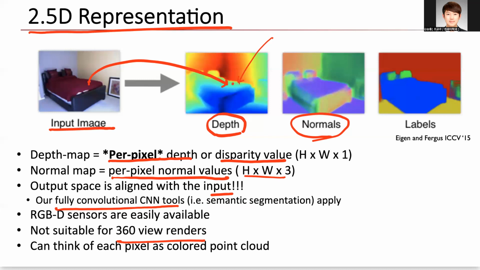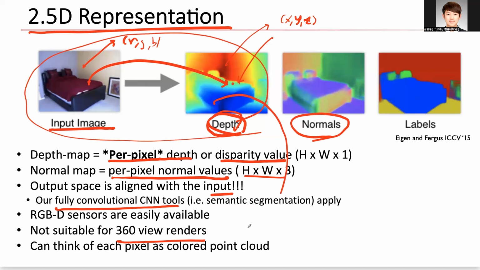In other words, with the depth information, we can find the x, y, z structure information, and we already know the corresponding RGB values. So with this information, we can represent the colored point cloud, even though it just represents the partial point cloud in the 3D domain. Anyway, this is the 2.5 dimensional representation. So from now on, let's talk about how to represent this depth information.